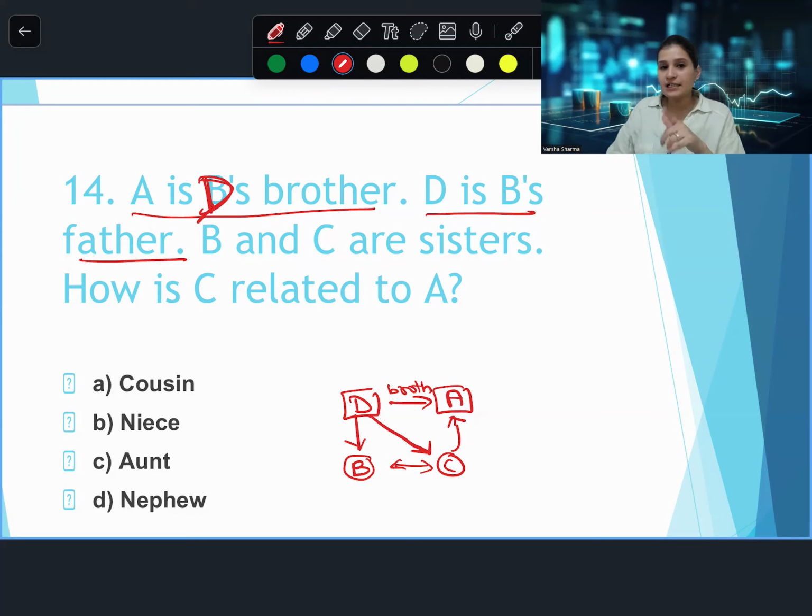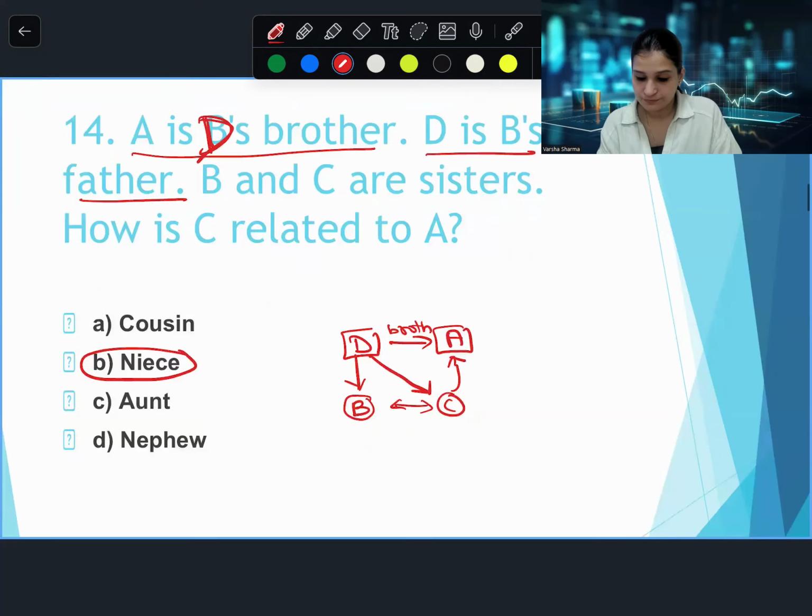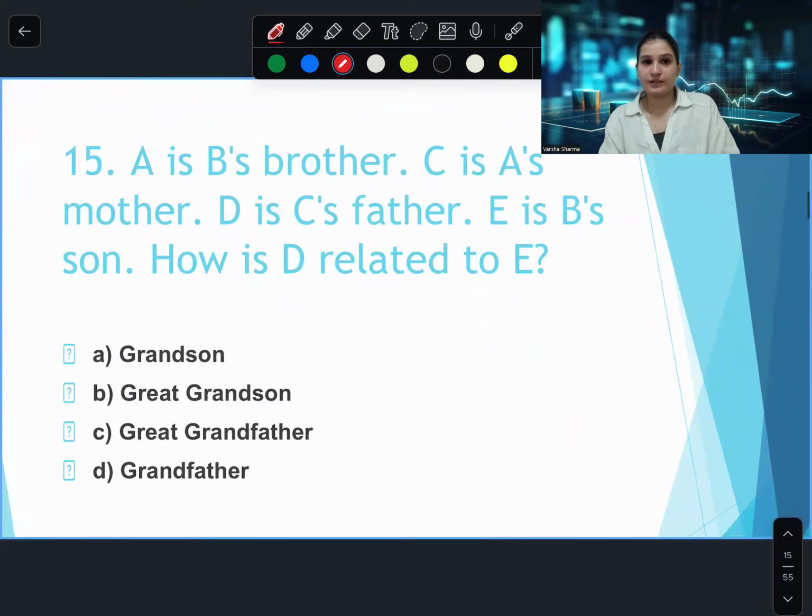So A is the uncle, C will be the niece. Yes? Any doubt, guys? No, ma'am.